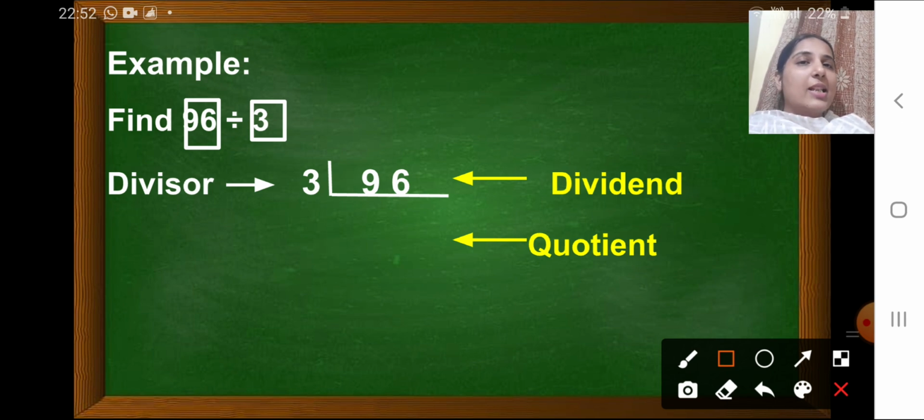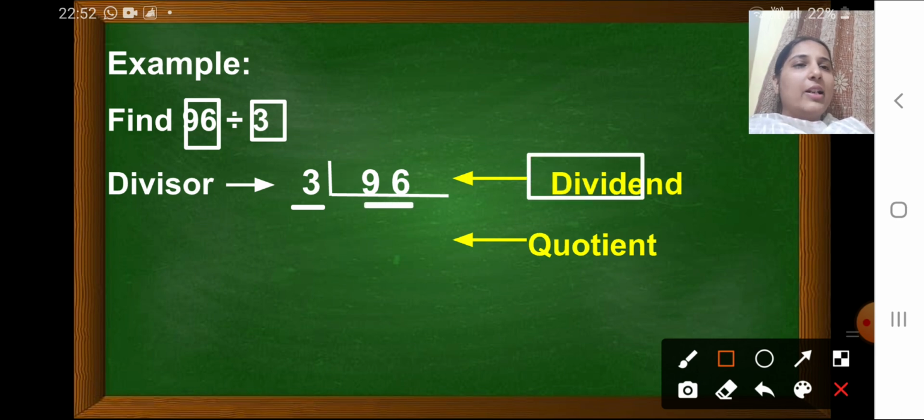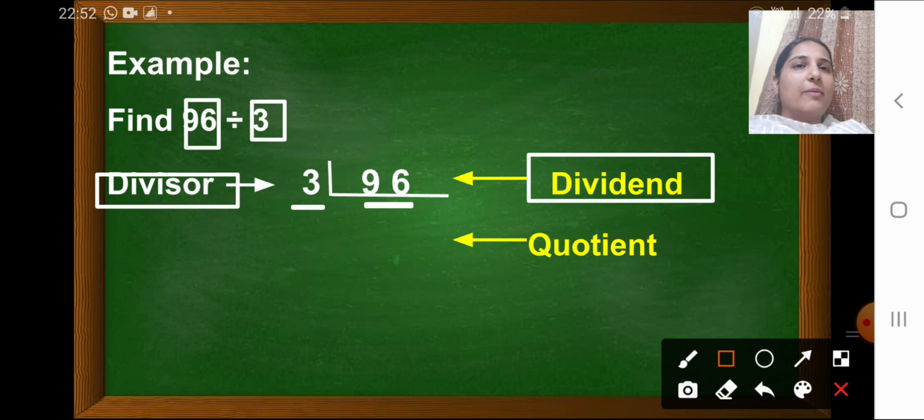So we will write it like this. First we will write the divisor, which is 3, and then on the right hand side we will write the dividend, and we will write the divisor on the left hand side.